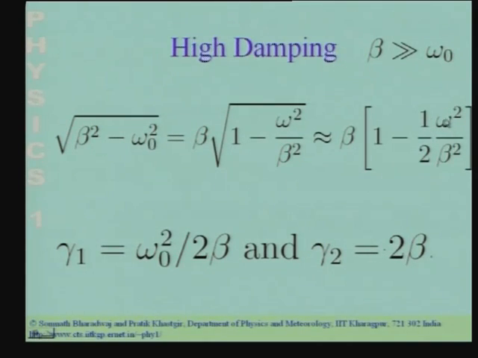So, in this limit, when beta is much greater than omega naught, when the damping is very much larger than the angular frequency of the undamped oscillator, the square root term becomes beta into 1 minus omega naught square by 2 beta squared.